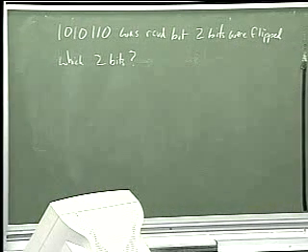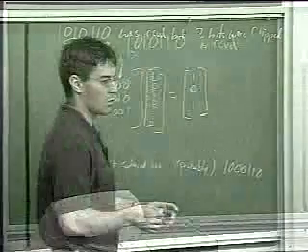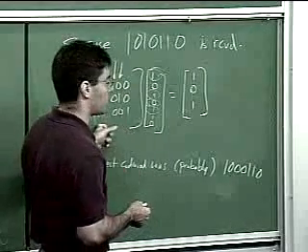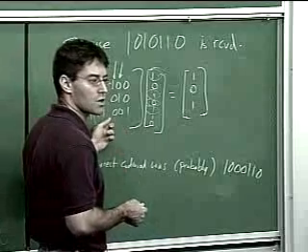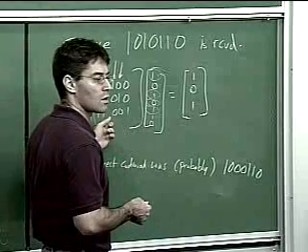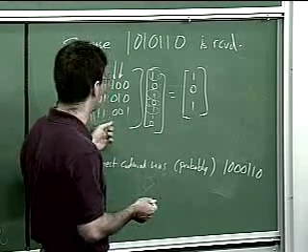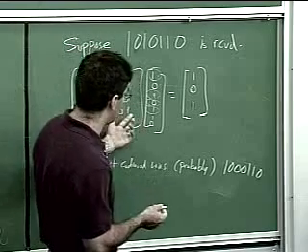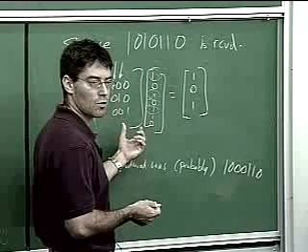So now we need to have 2 bit flips that would have resulted in a syndrome of 1, 0, 1. If the 3rd bit flipped by itself, that would give us 1, 0, 1. But I'm talking about 2 bit flips here. So it could be that the first code bit and the 3rd code bit flipped, right? Those XORed together would give me 1, 0, 1.